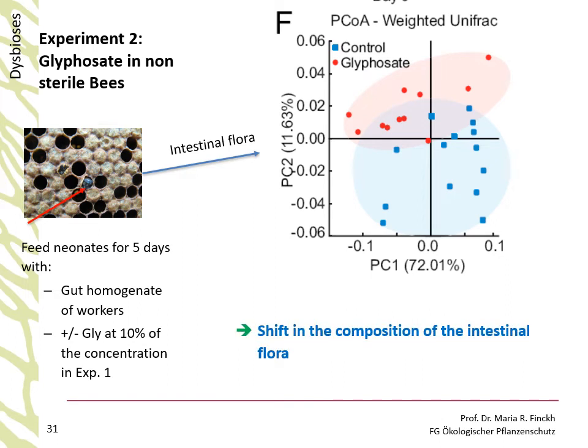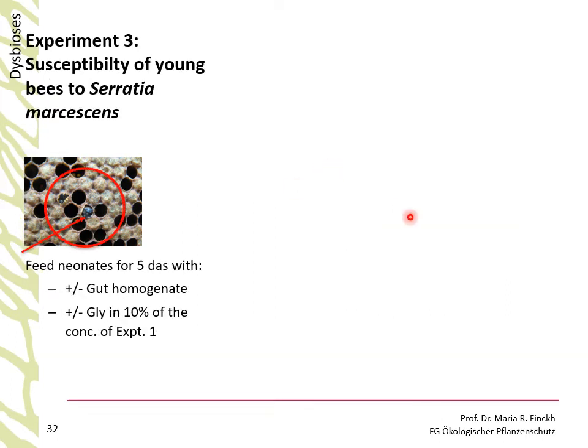And then they went to the third experiment. They looked at what happens to the bees when they are challenged with a pathogen that is called Serratia marcescens.